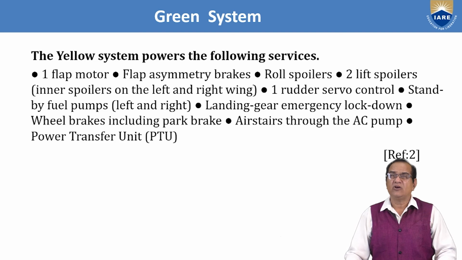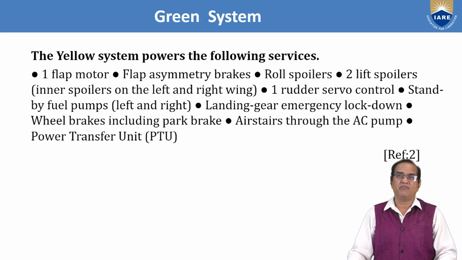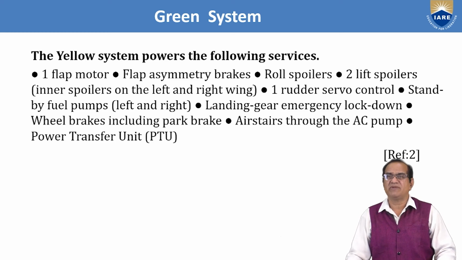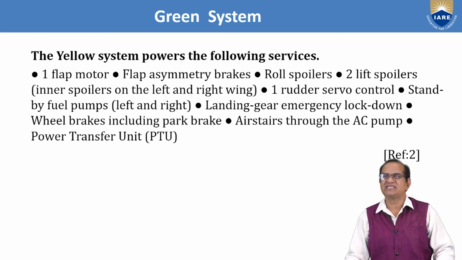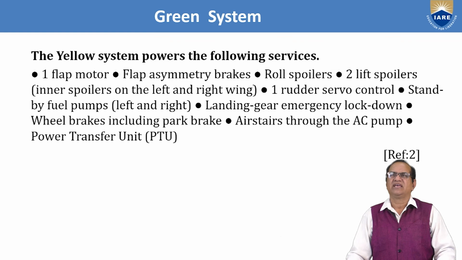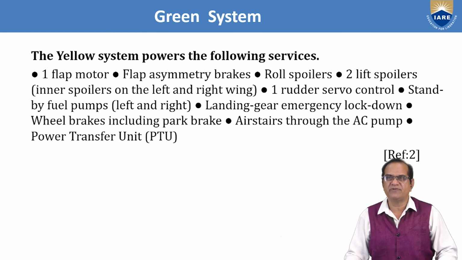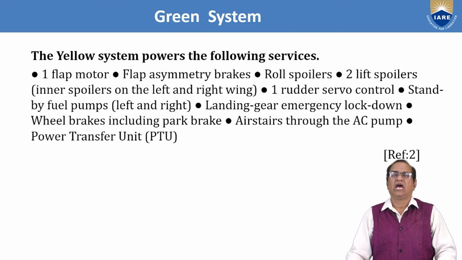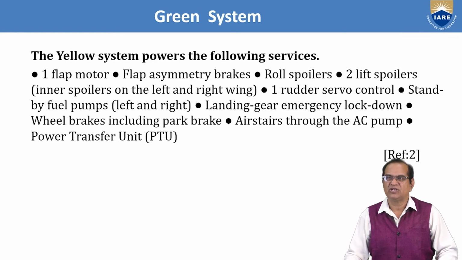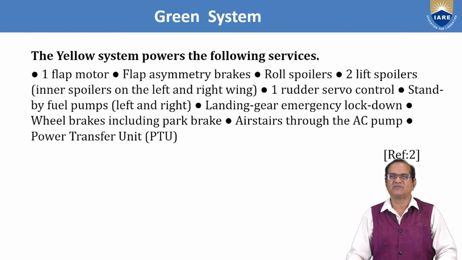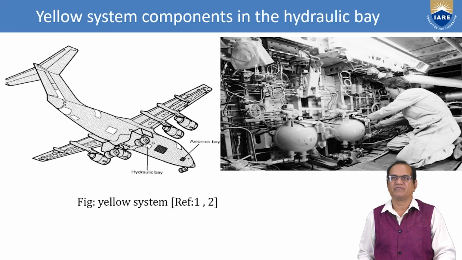The yellow system powers the following services: flap motor, flap asymmetry brakes, roll spoilers, lift spoilers, rudder servo control, standby fuel pump, landing gear emergency lockdown, wheel brake including parking brake, air stairs through the AC pump, and power transfer unit.